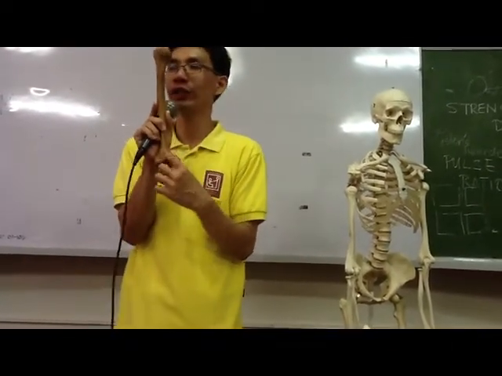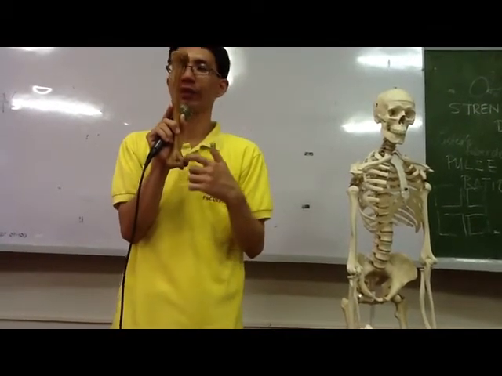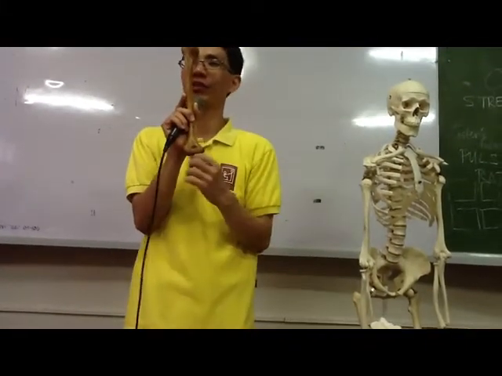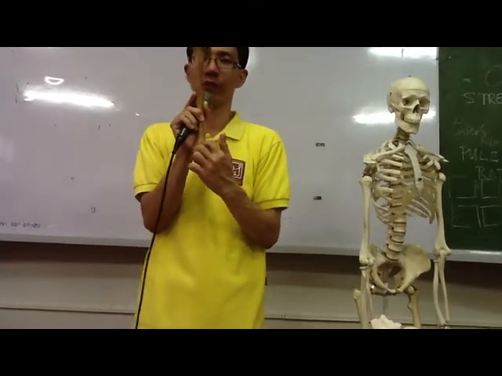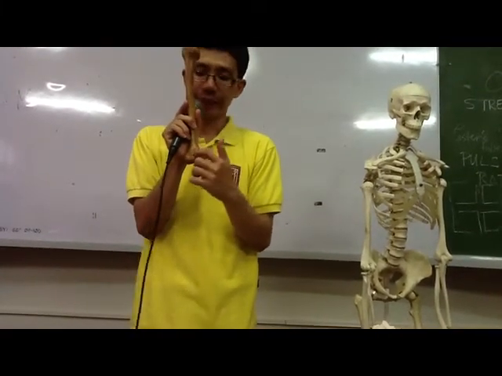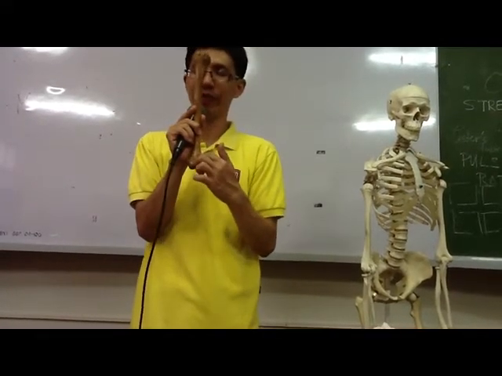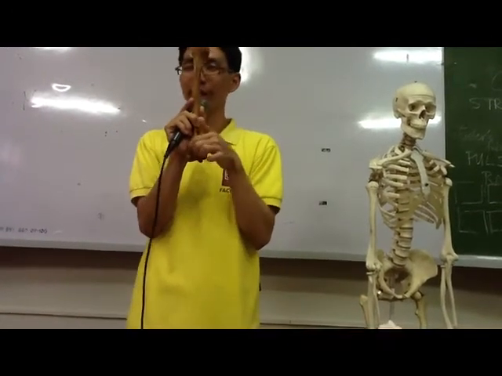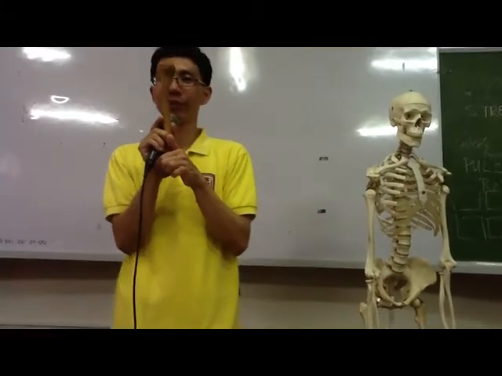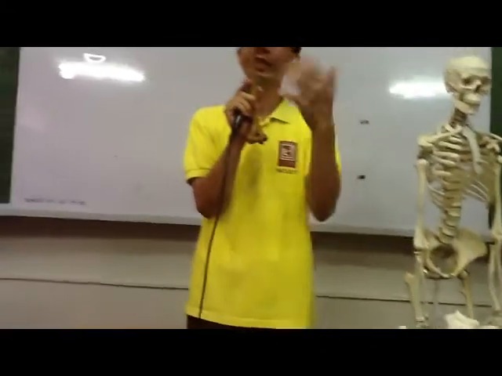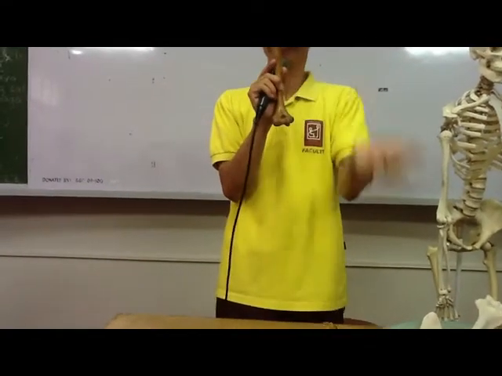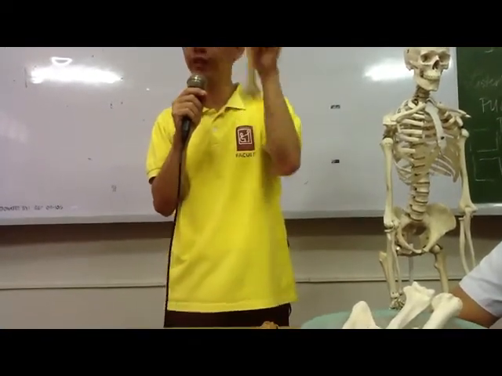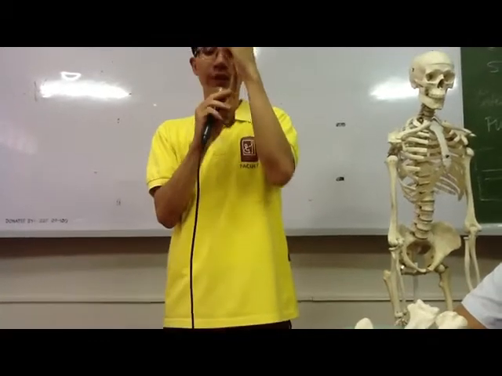We call this your coronoid fossa, where your coronoid process enters when you flex the elbow. It is anterior. Then lateral to this, above the capitulum, is another fossa, the radial fossa, where your radial head sits when you flex the elbow. It is also anterior.